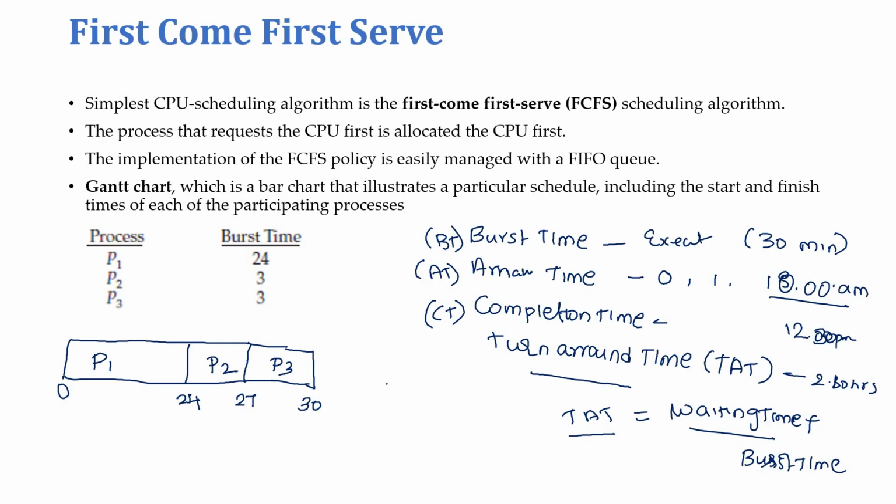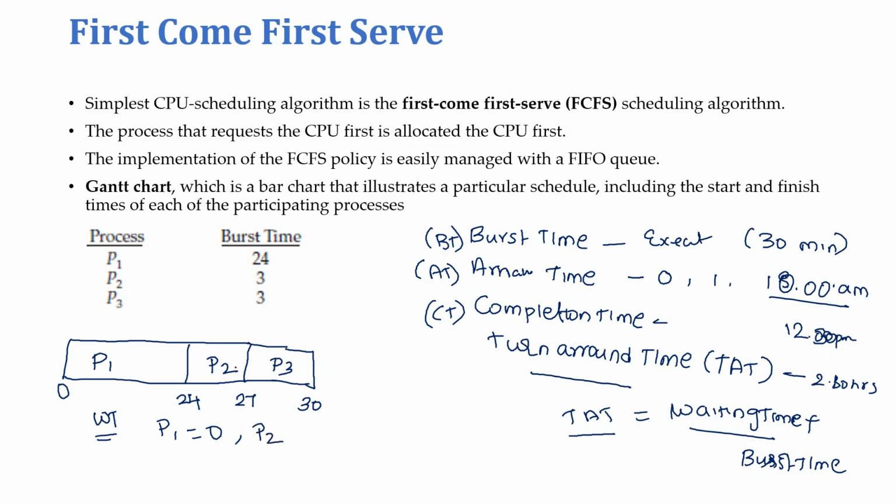Now we need to calculate the waiting time for each process. Waiting time means the time a process waits before it gets a chance to execute. So the P1 waiting time is 0, because when the CPU started working, it started working.